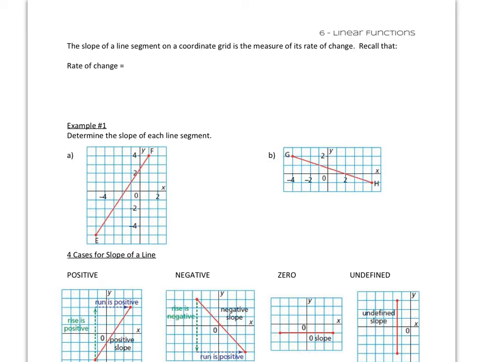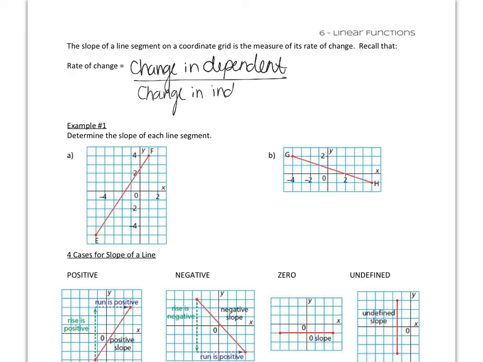So recall that the rate of change was equal to the change in the dependent value over the change in the independent. And again, this was the change in y over the change in x.